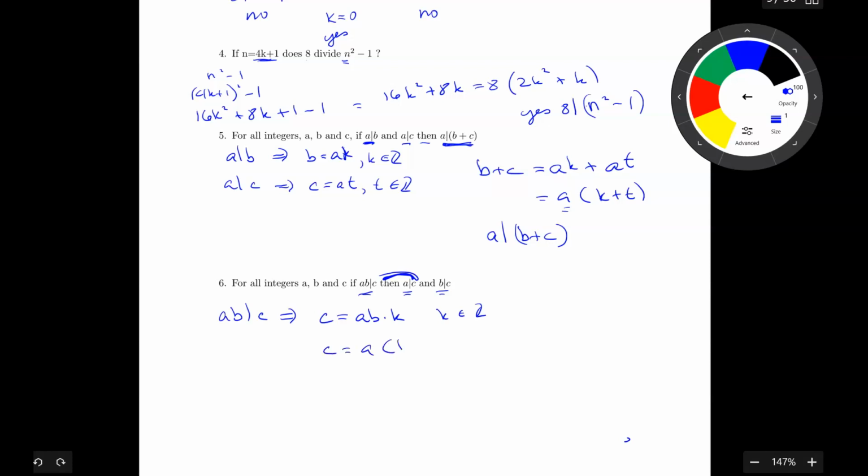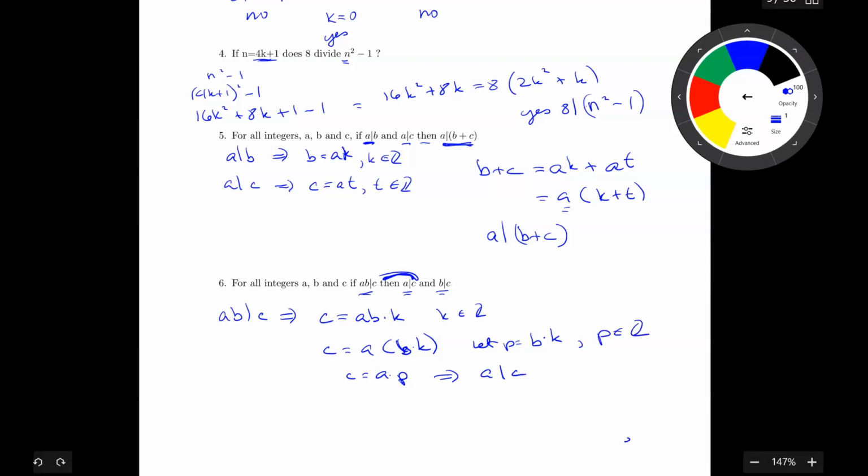So all I have to do is rewrite this, maybe even say let p equal bk, right? So I have c is equal to a times p. So this shows that a divides c, because I've written c is equal to a times p, where p is an element of the integers.